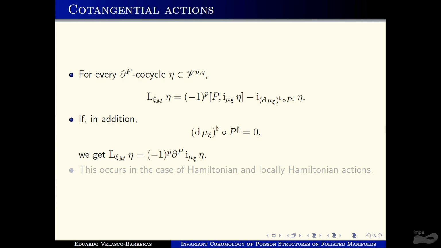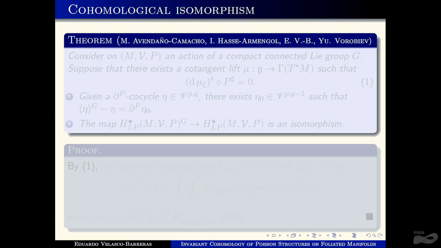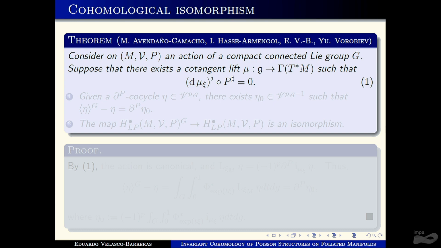And this property trivially holds in the case of Hamiltonian and locally Hamiltonian actions, since mu is given in that particular case by closed forms. So the main result, the first result, is the following: if we have an action of a compact and connected Lie group on a Poisson foliation such that it admits a cotangent lift satisfying this property, then for every cocycle there exists a primitive for the difference between its G average and the cocycle.